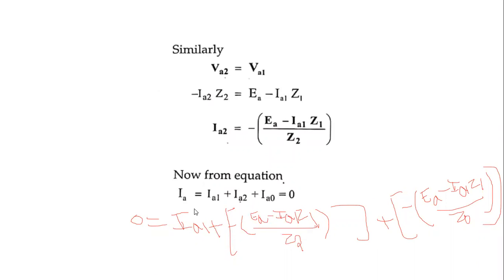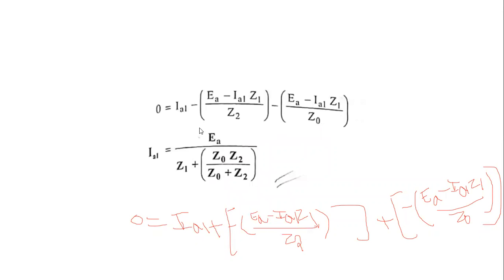IA is equal to 0 and IA1 is equal to IA1 plus, and we are substituting the IA2 value from this equation and then the IA0 value in this equation. Then we write down the formula for IA1 by simplifying this equation.